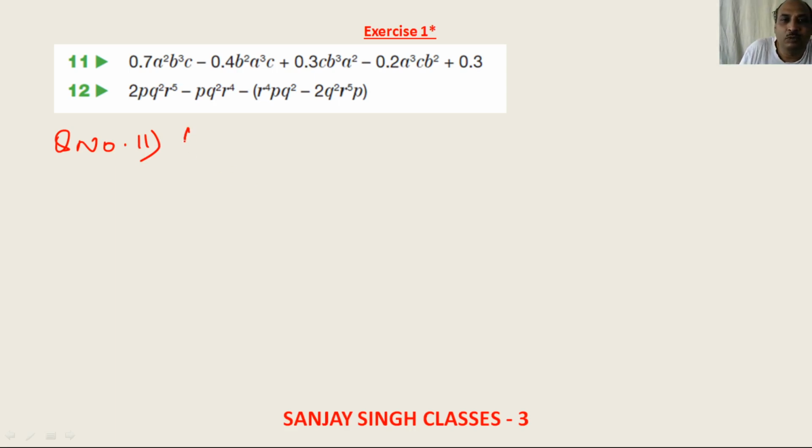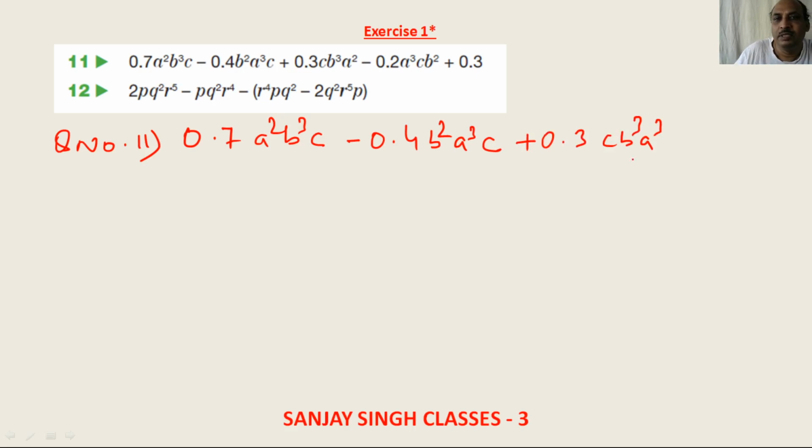So now 0.7a square b cube c minus 0.4b square a cube c, plus 0.3cb cube a square, minus 0.2a cube cb square plus 0.3.